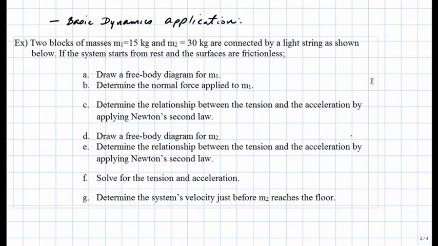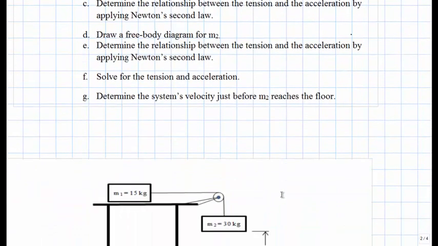We'll draw a free body diagram for M2. We'll determine the relationship between the tension and the acceleration by applying Newton's second law. We will solve for the tension and the acceleration, and then we'll determine the system's velocity just before M2 reaches the floor. Let's take a look at the diagram.